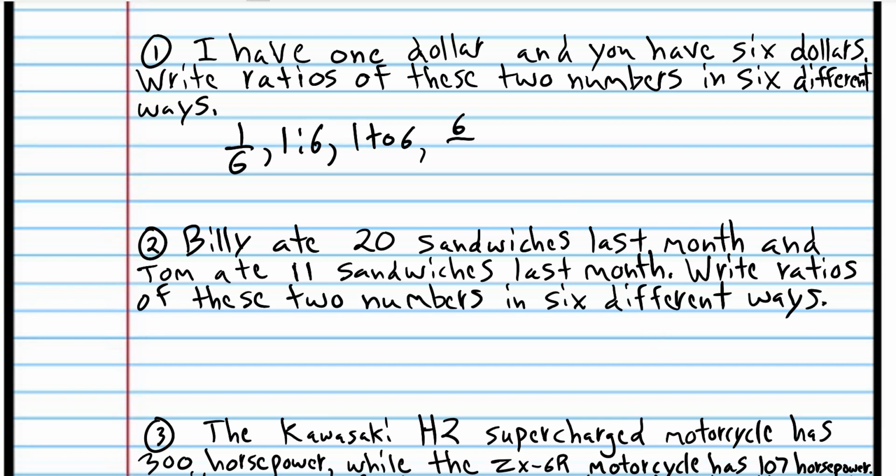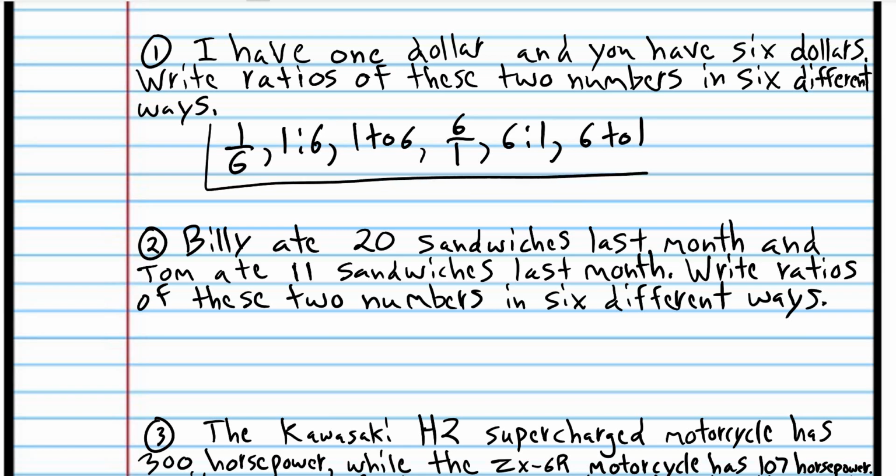We can write 6 over 1. So you can write the 6 first in the 3 different ways also. So that's 6 different ways to write ratios. But just keep in mind that these ratios are not equivalent to these ratios.